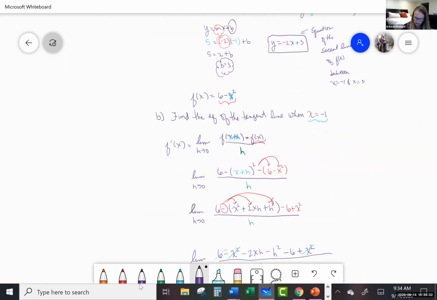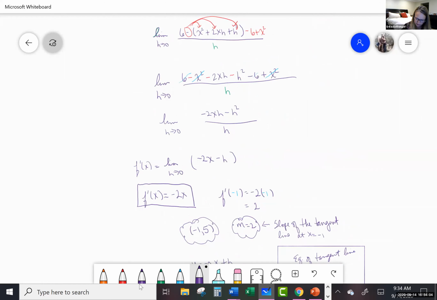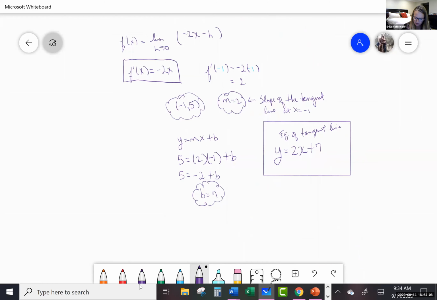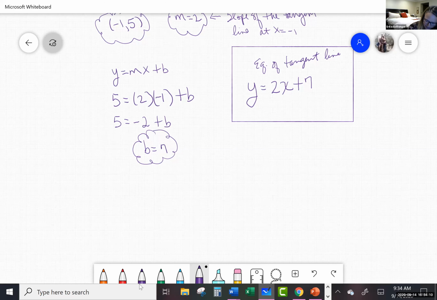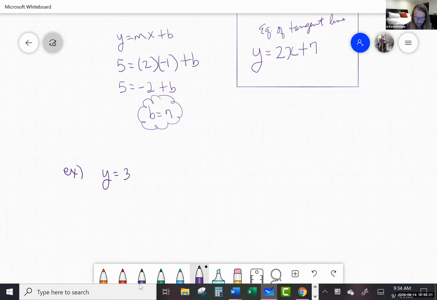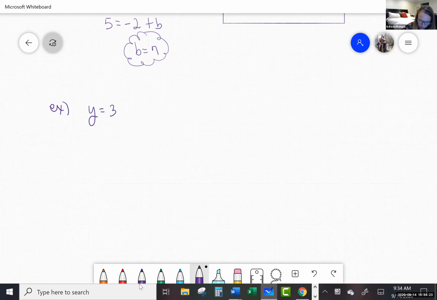So let me just talk about a couple of other things before I let you go. So notice if you had an equation of a line that was just a constant. So let's say y was equal to 3. If you graph this, wherever x value you have, your y value is always 3.